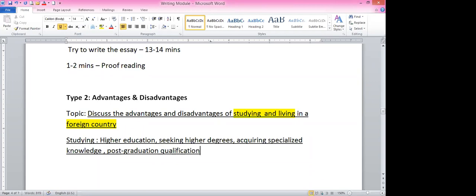What else can we say? We can say gaining technical skills. People who go for a higher degree in mechanical engineering or computer applications get technical skills, right? So, gaining technical skills.